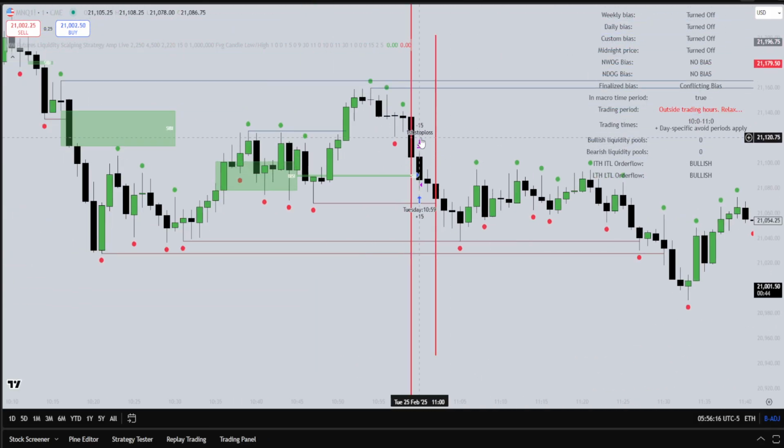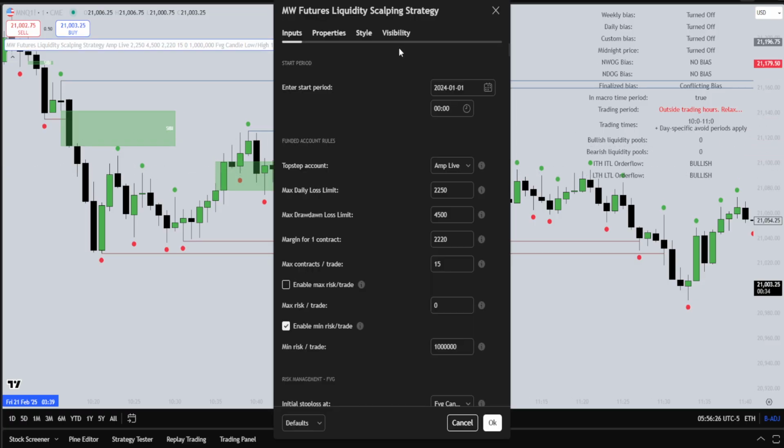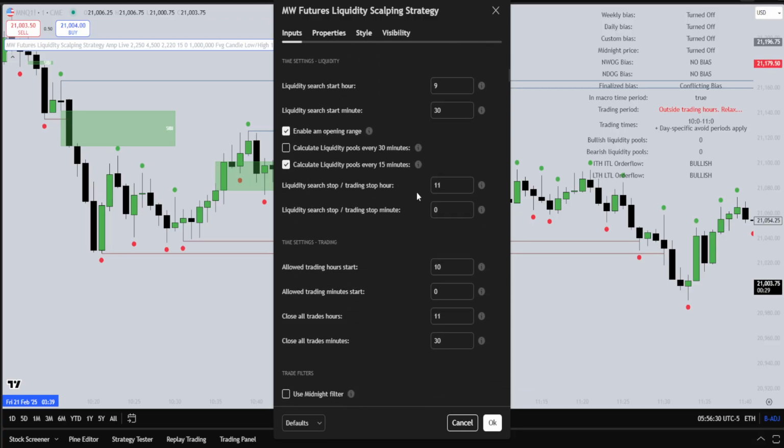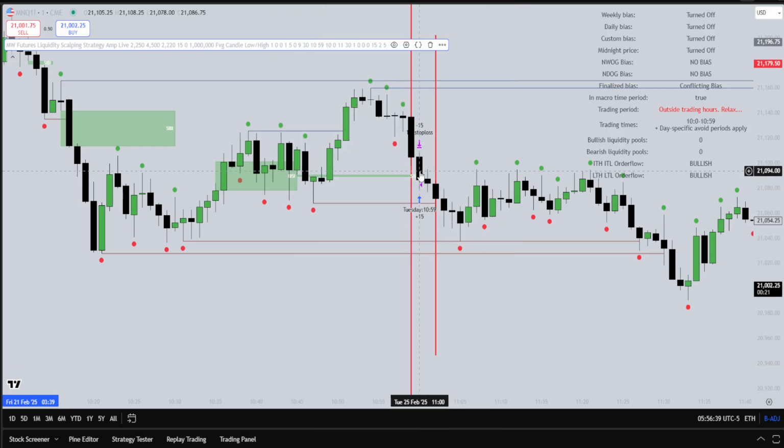Then we see that we have a loss over here at 11 o'clock. So what I think I will do here is stop my trading 1 minute earlier, so 10:59, because if you do 11 specifically, it will still place that trade on the 11th.